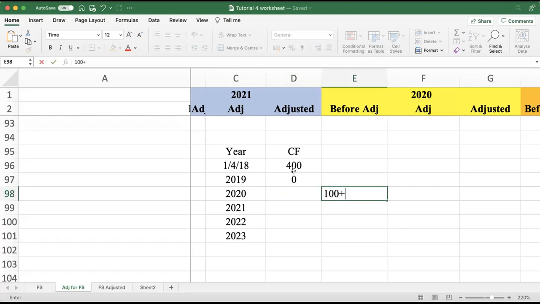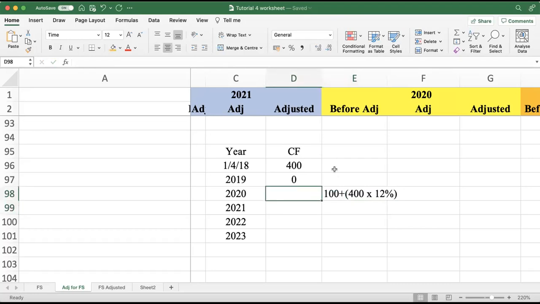The loan balance is 400 multiplied by the interest rate of 12%. So the second year repayment is 100 capital repayment plus interest.